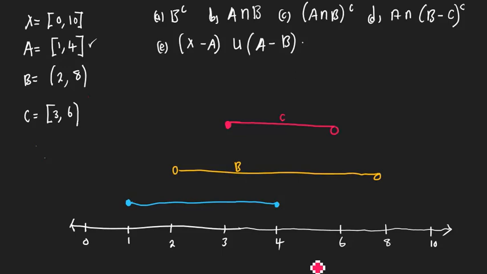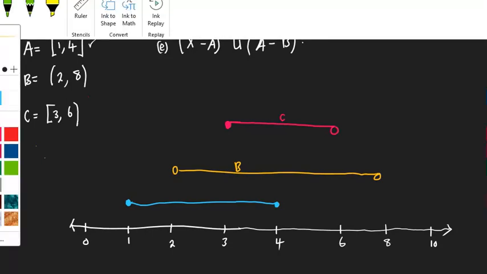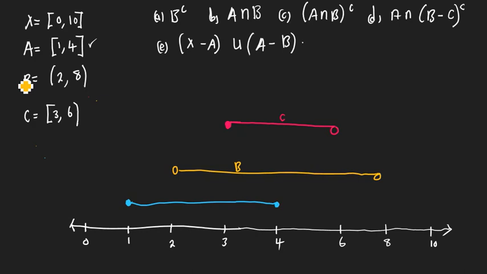They're saying B complement. So B complement is this particular set. So this time around you shade. Even there you shade it. Then you take it this end. You also take it this end.